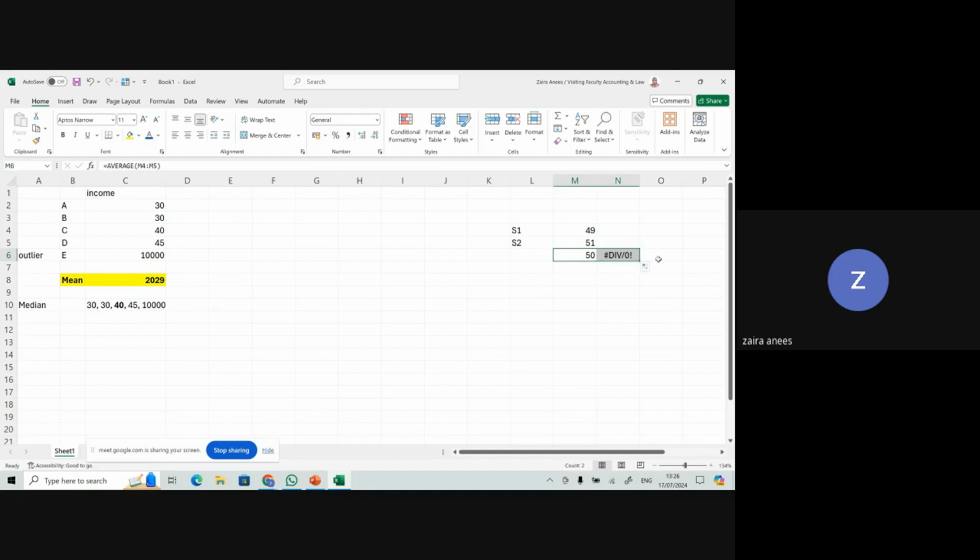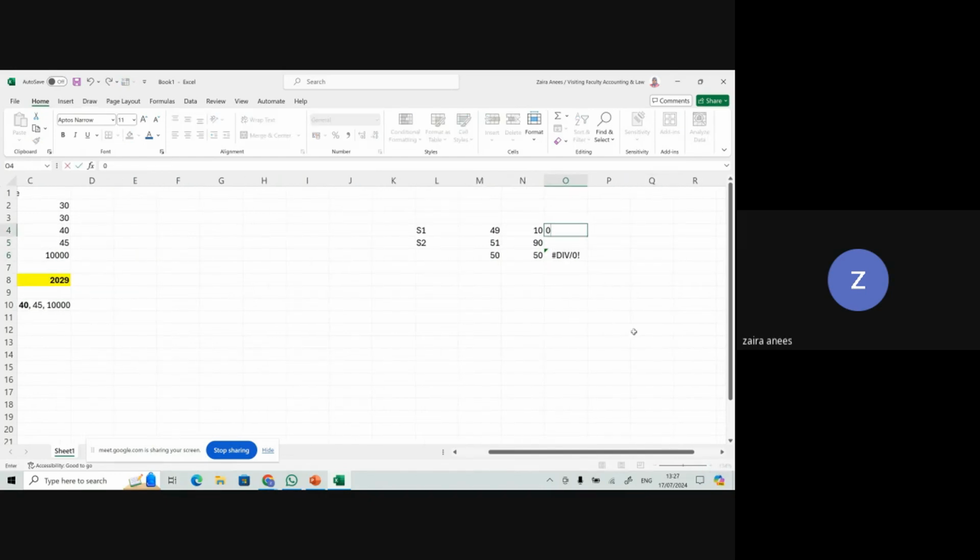And let's suppose I'm saying that no, it's not 49 and 51, it's 10 and 90. Still, you will get an average of 50. And if I change this data to 0 and 100, one student got 0 marks and the other student got 100 marks, still your average is 50, right?